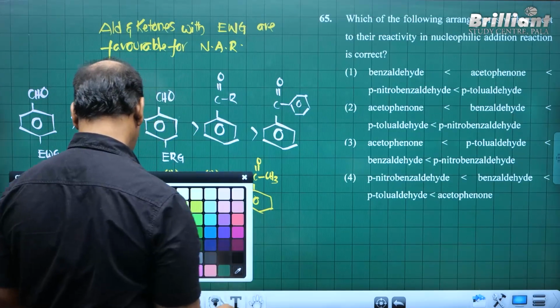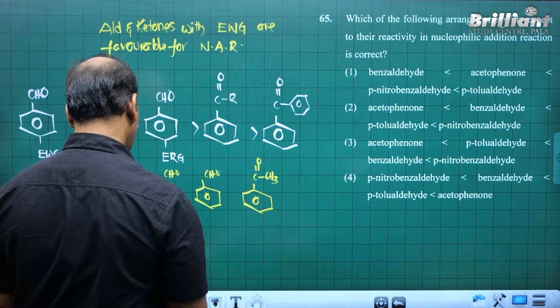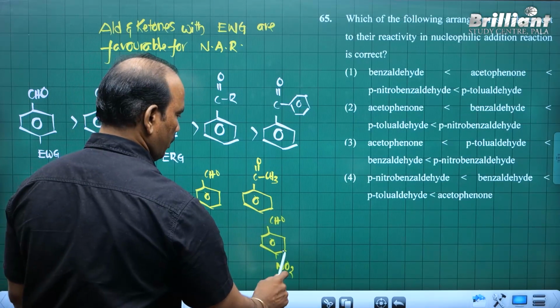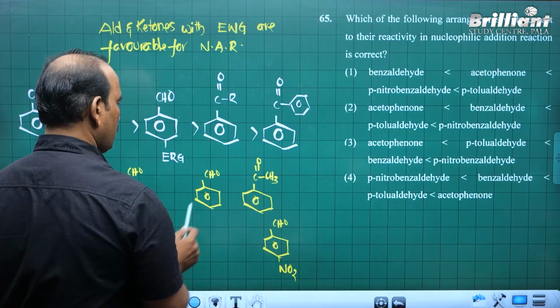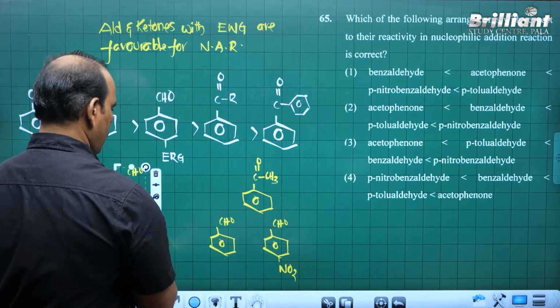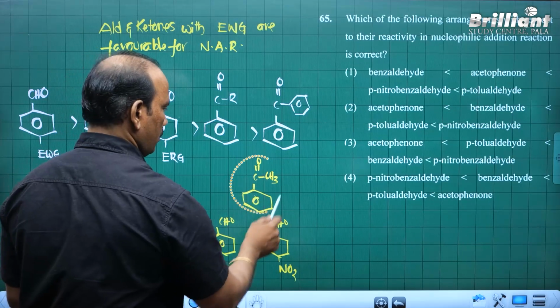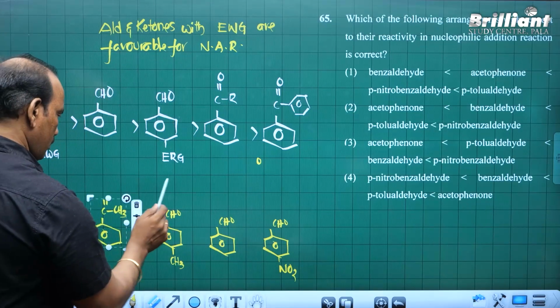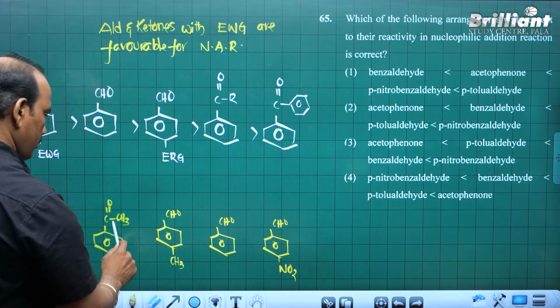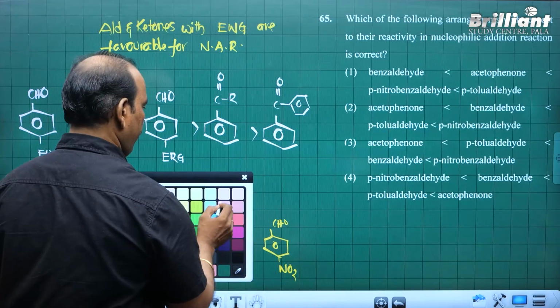What is the first one? Most active compound is this one. Next one is this one. Next is this one. Least is this one. Okay.